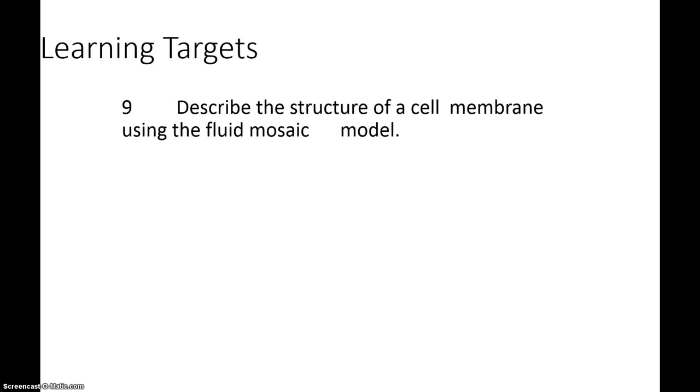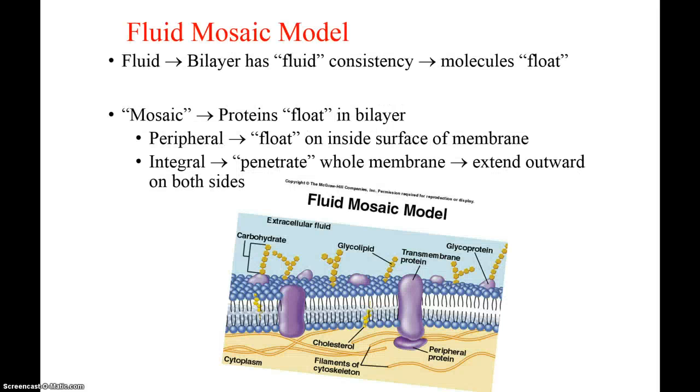The learning target you should be addressing today is to describe the structure of a cell membrane using the fluid mosaic model. So what is the fluid mosaic model? Well, if you break it down, fluid means the whole membrane has a fluid consistency, in other words, the molecules kind of float.